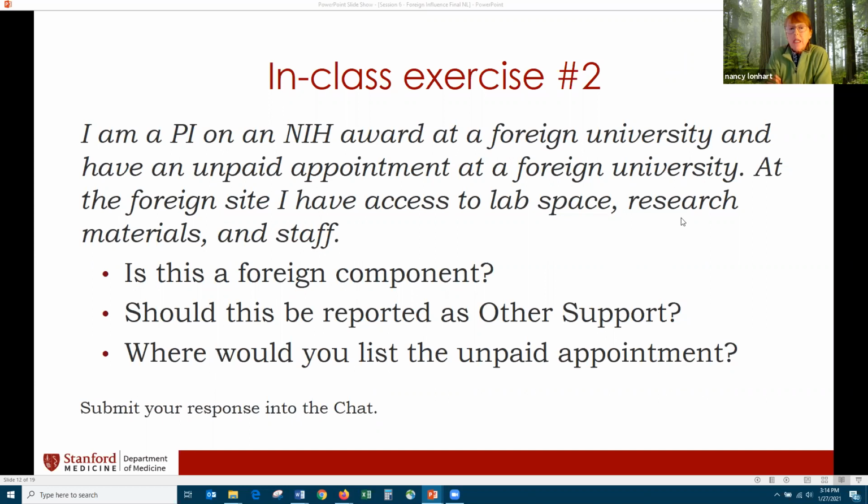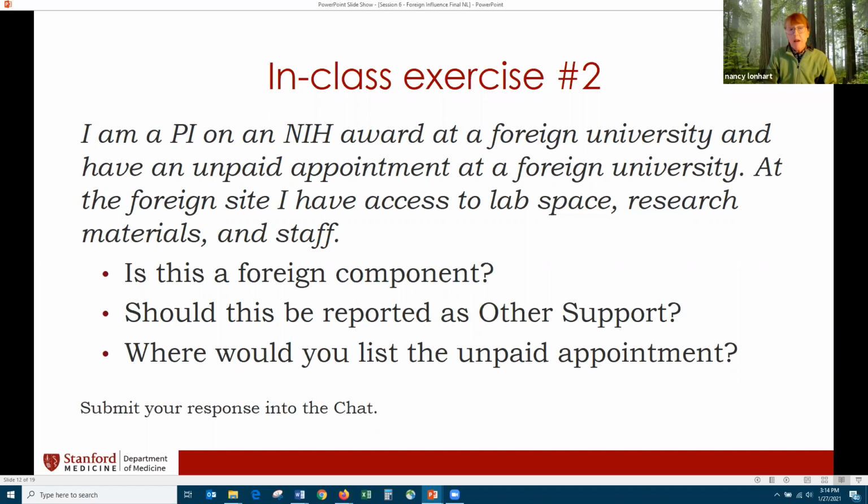And where would you list the unpaid appointment? The unpaid appointment is going to be listed in the biosketch. In the biosketch under honors and positions is where you are going to be disclosing that your PI has an unpaid appointment at that foreign university.